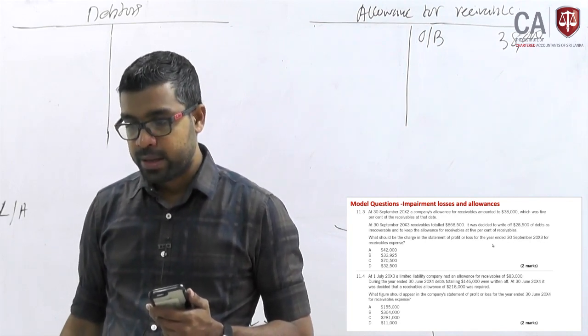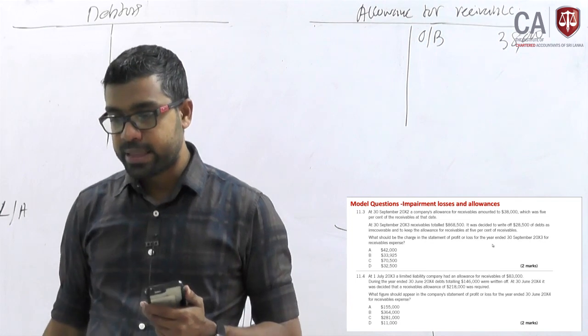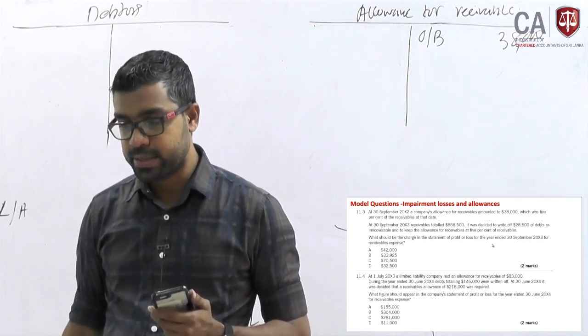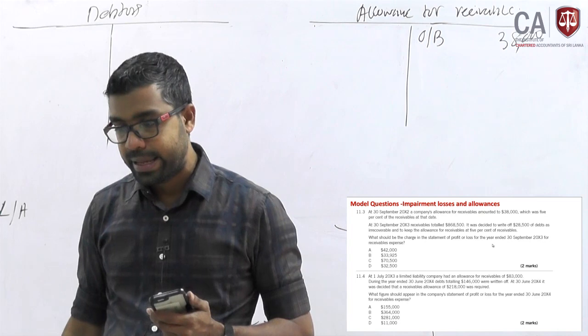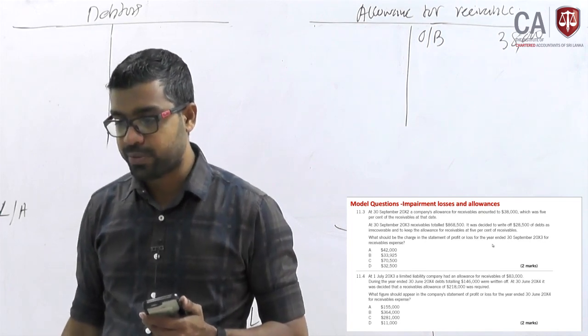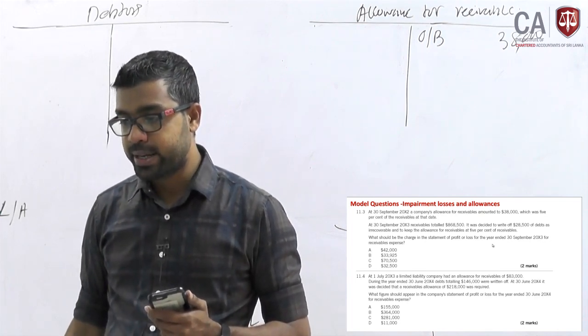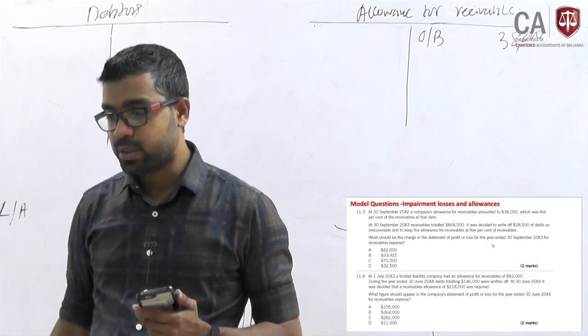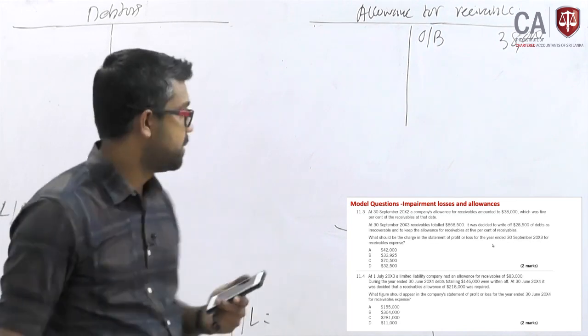At 30th September 2003, receivable totaled 868,500. It was decided to write off 28,500 as irrecoverable.